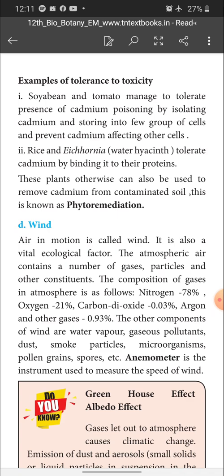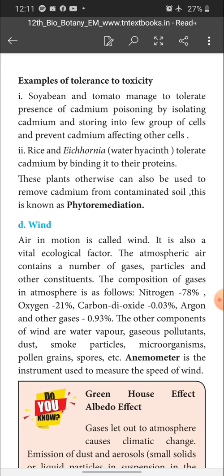Some plants such as soybean and tomato manage to tolerate the presence of cadmium poisoning by isolating cadmium and storing it in a few groups of cells, preventing cadmium from affecting other cells. Sorry, some confusion children, it is page number 114.